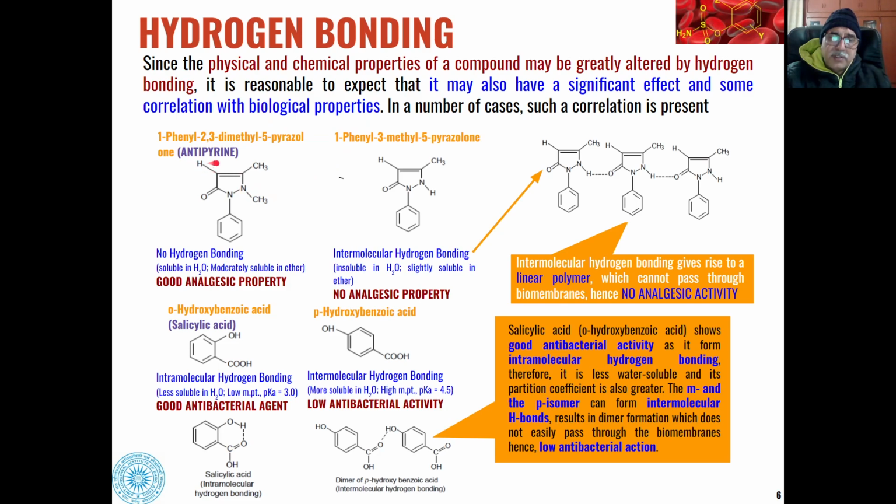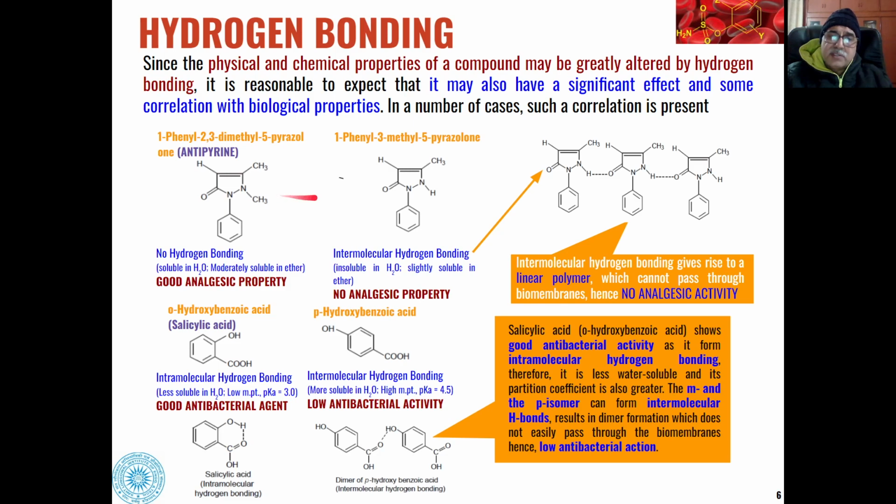For example, if we compare the biological activity of this compound antipyrine with this compound 1-phenyl 3-methyl 5-pyrazolone, if you see the structure of these two molecules, the structure is similar.